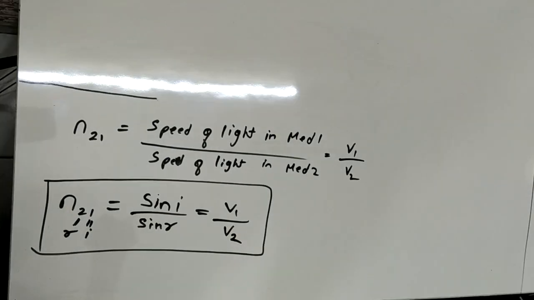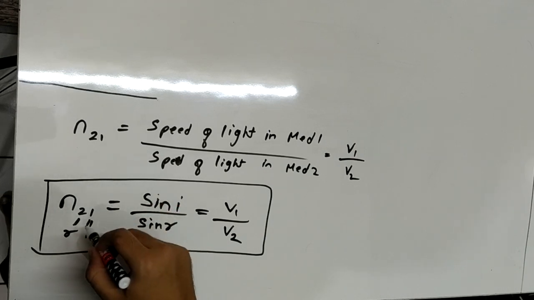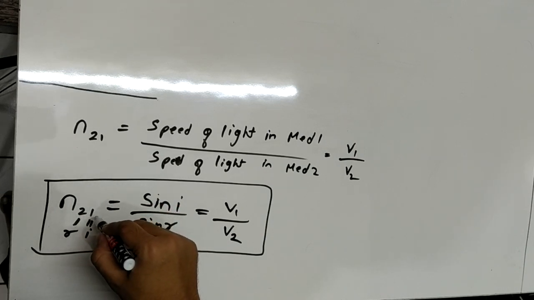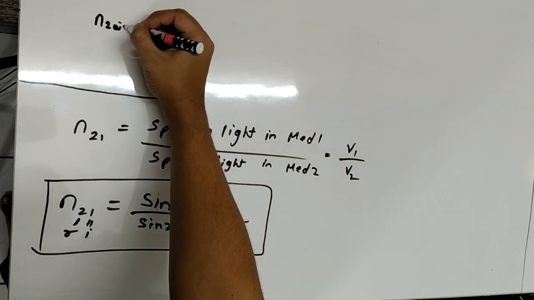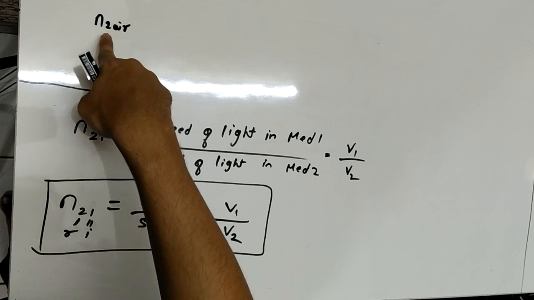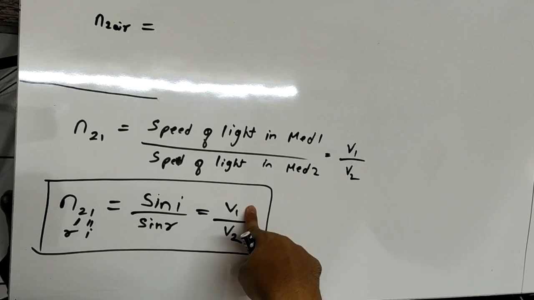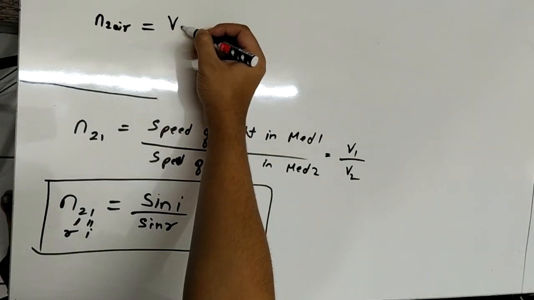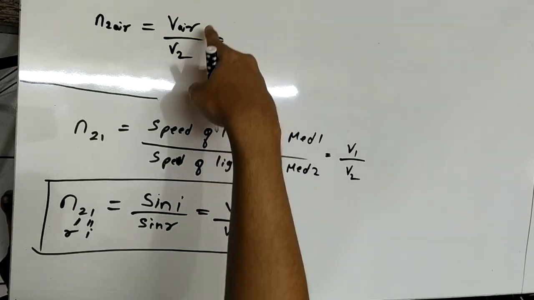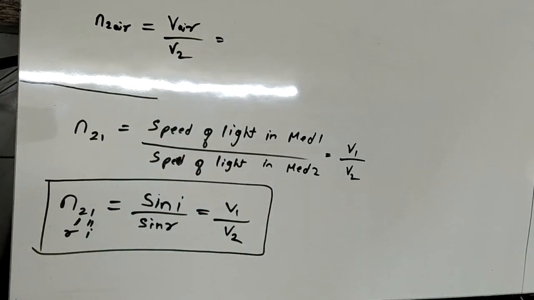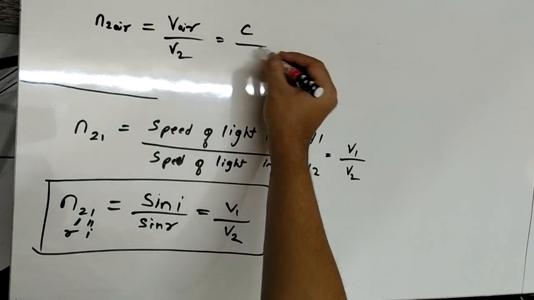If medium 1 was air, then what will happen? This will become n2 air, correct? So the refractive index of medium 2 with respect to air is equal to the velocity of light in medium 1, that is air, divided by v2. Velocity of light in air is a constant which is called c, so it is c by v2.